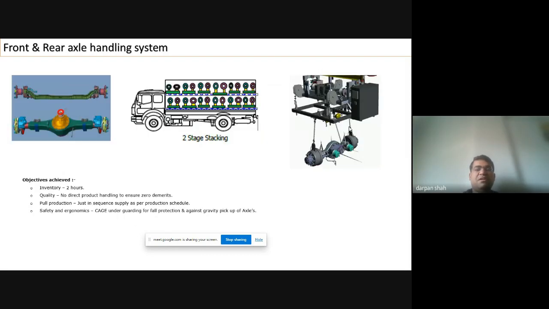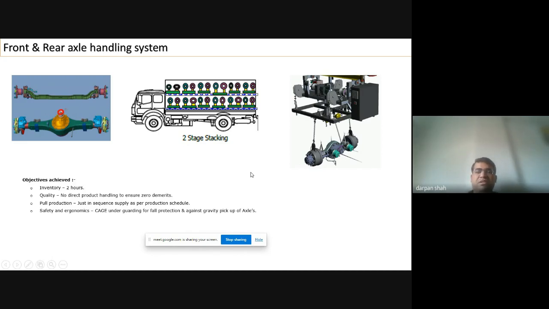Going forward, front and rear axle, similar concept. We have conveyorized trucks in which axles are supplied on vehicle set basis. Vehicle set is basically if one truck has two axles, then the front axle and rear axle of that particular truck are supplied in one pallet. So this saves a lot of time, energy and effort to store a lot of inventory inside the plant, also ensuring that the required component reaches the assembly line in no time.